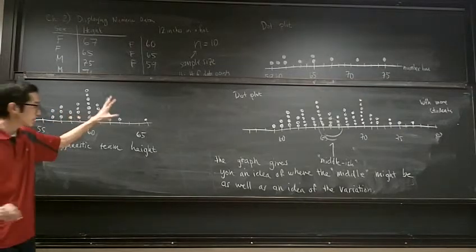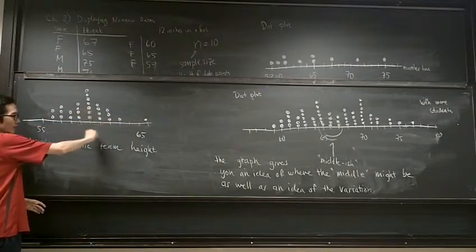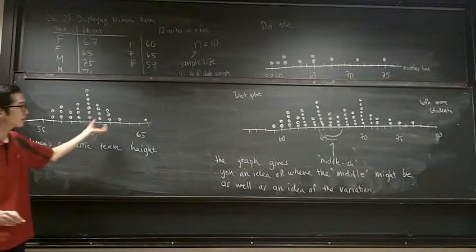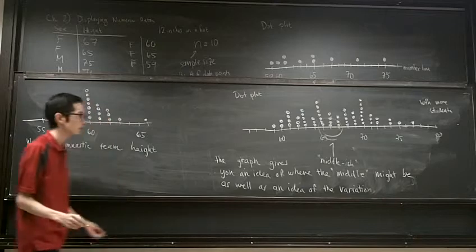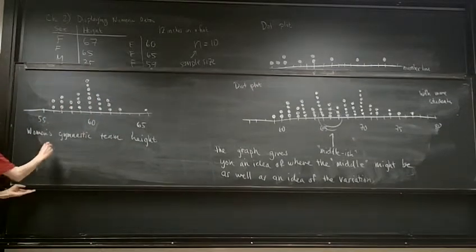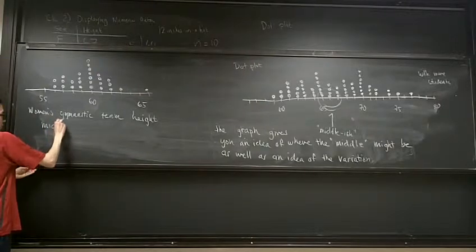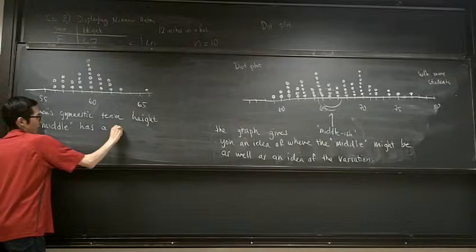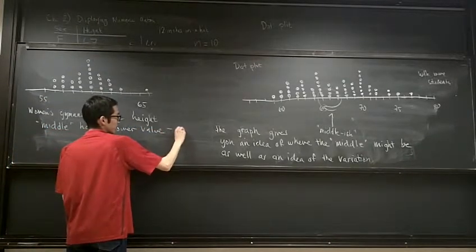What do we see? Again, we get an idea of middle-ish, something around here. And the amount of variation that we see here is less than the variation over here, right? So the middle has a lower value. This is around 60.